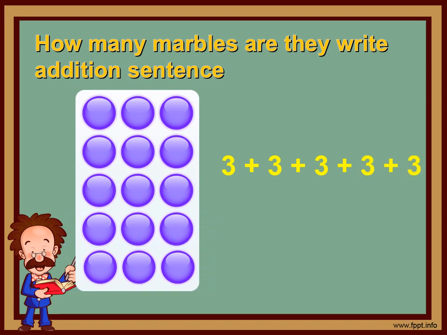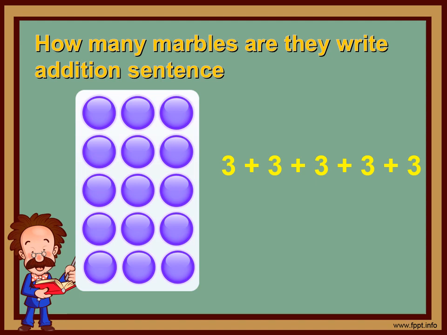How many rows did I have? 1, 2, 3, 4, 5 rows. How many threes do I have? 1, 2, 3, 4, 5. So 5 rows, and in each row I have 3. So I'm going to add 3 five times.